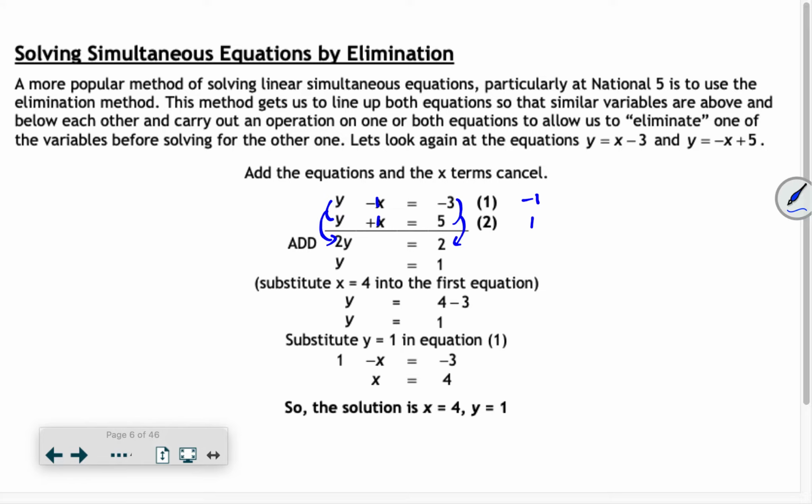Then all I do is substitute y is equal to 1 into equation 1, or I could put it into equation 2 as well, it doesn't really matter. Substitute y into the equation, so it gives me x is equal to 4. So therefore the solution is x is 4, y is 1.